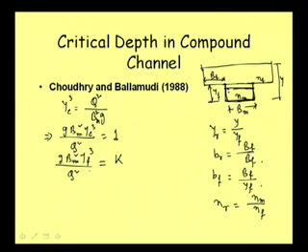Now, from this expression we can have some understanding. Say if our k is equal to 1, this implies that yc is equal to yf.